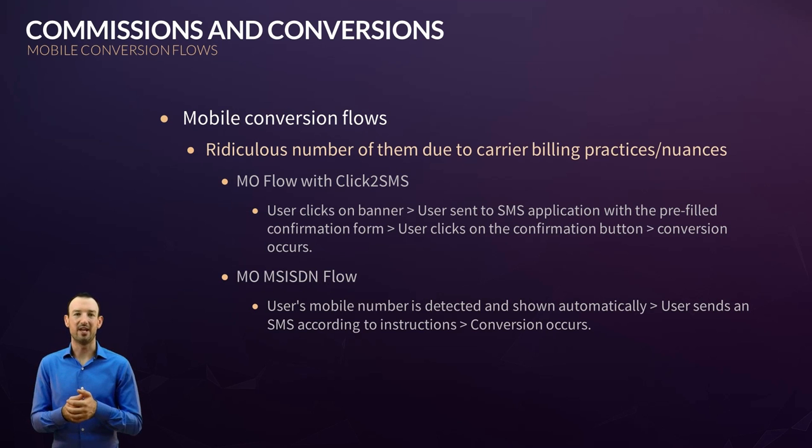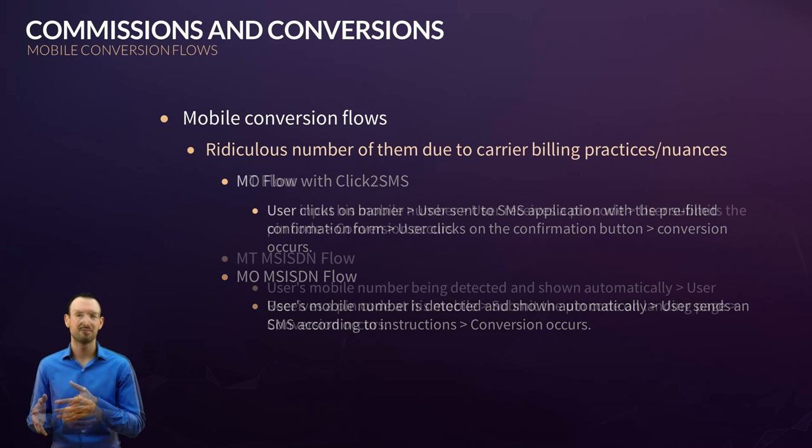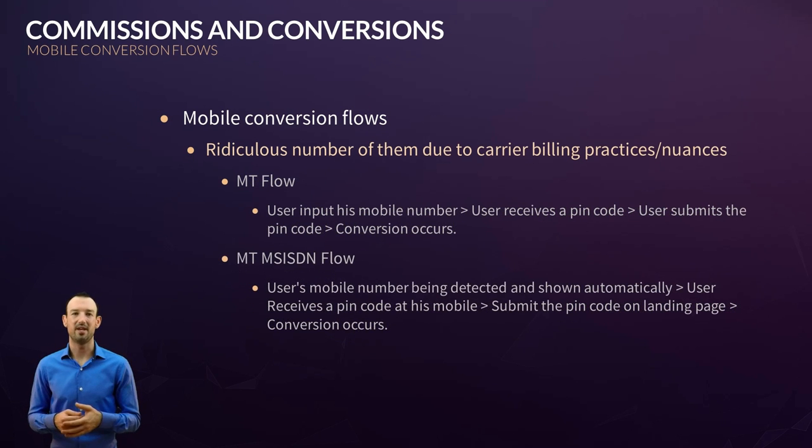You have MO/MS/ISDN flow, where users' mobile number is automatically detected, sends them an SMS, and they do something according to instructions and a conversion occurs. And then you have MT flow and MT/MS/ISDN. See, these are even hard to say, so I'll let you read up about these if you're really that concerned.